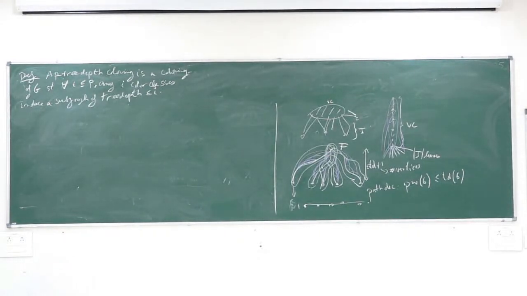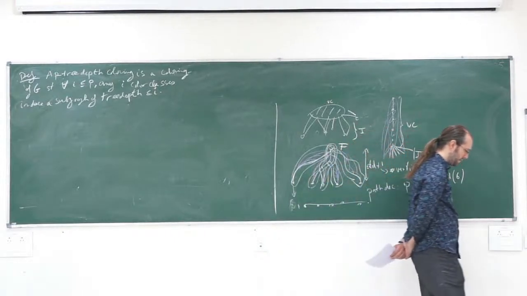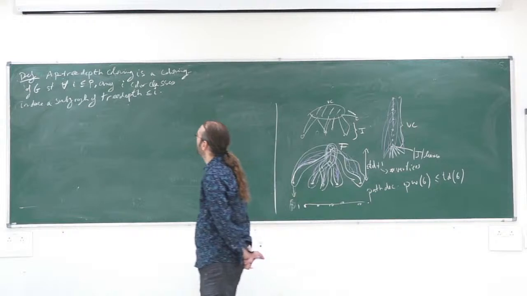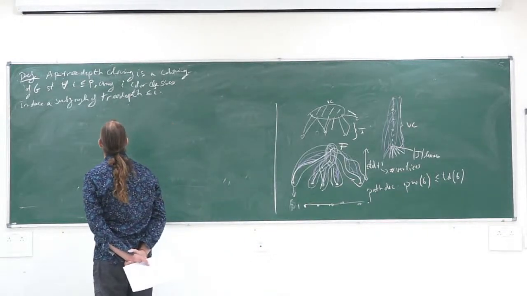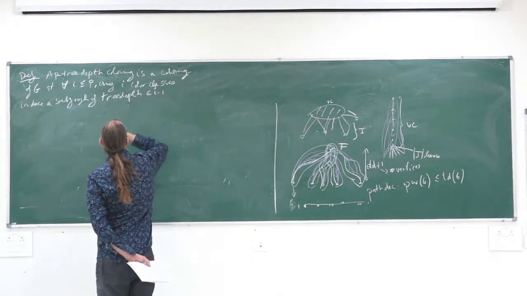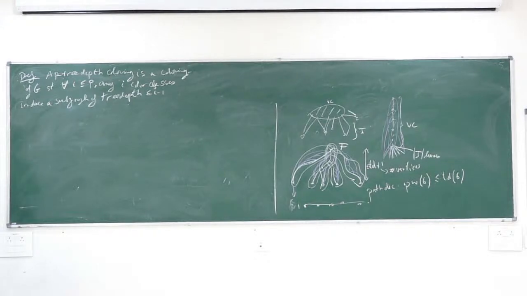So I'm not completely sure about the canonical definition. But essentially what I would like is that for one color class I get an independent set. So it's a p+1 coloring? No, the number of colors can be arbitrary.